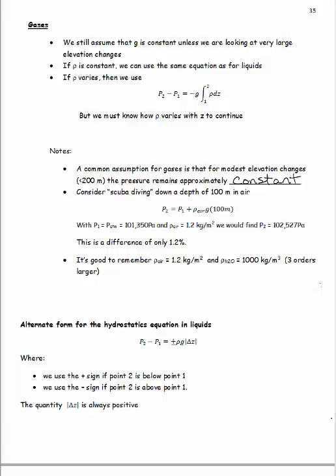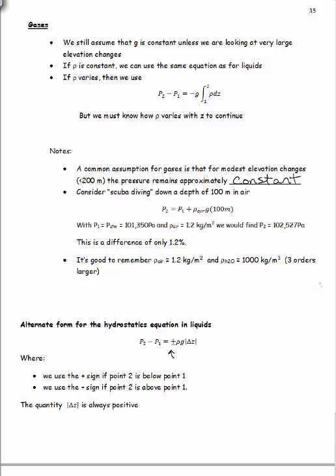I find it a little easier just to use this alternate form, basically just to use delta z as always a positive, and then decide on the sign. And we always know what the sign is going to be because we always know that it's going to be a higher pressure below another value. So if you have one point below another point, that first point is going to be at a higher pressure. So you can always figure out what the sign should be to go in here.